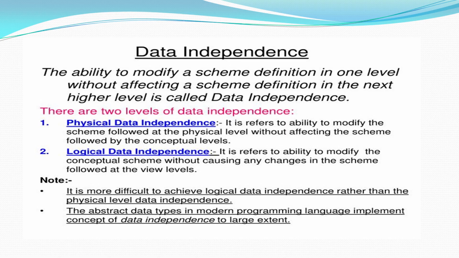So, these are all related to the database management system, and data independence plays a vital part in implementing security in the database. If some modifications are done at the logical level, they should not be reflected at the physical level, or if some modifications are done at the physical level, they are not reflected at the logical level. That is the concept of data independence, which is also there in the database management system.